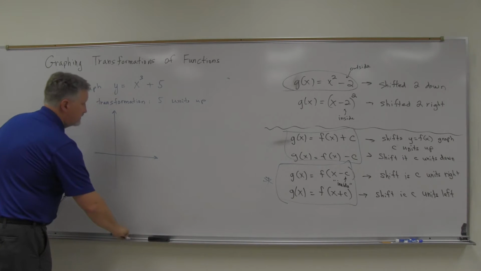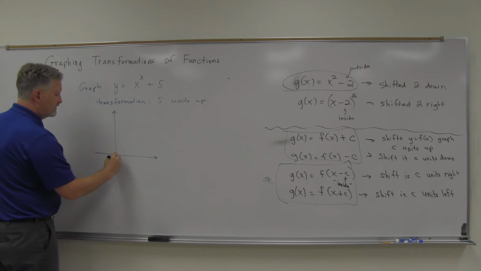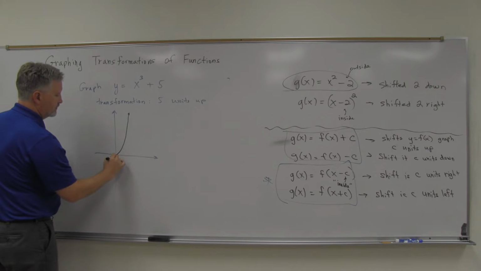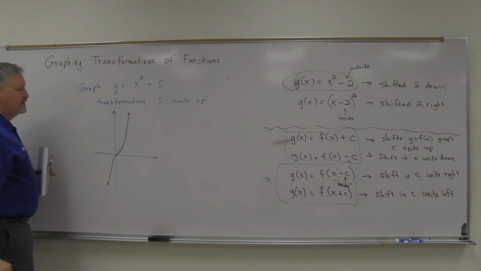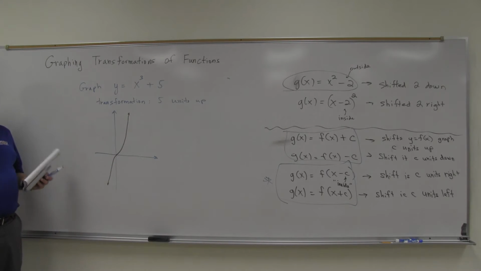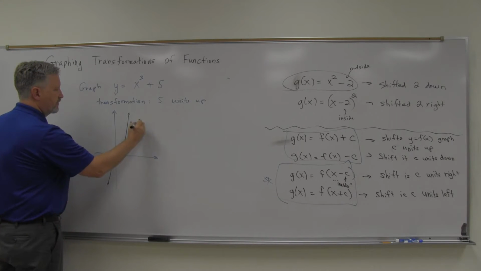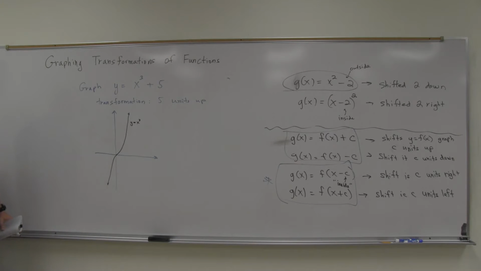Our common function here is x cubed. You don't necessarily have to graph that, but think about it anyway. I'd have you give me at least 3 points on the y equals x cubed plus 5 graph.